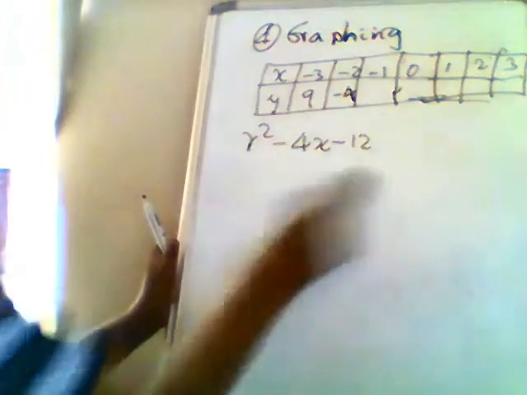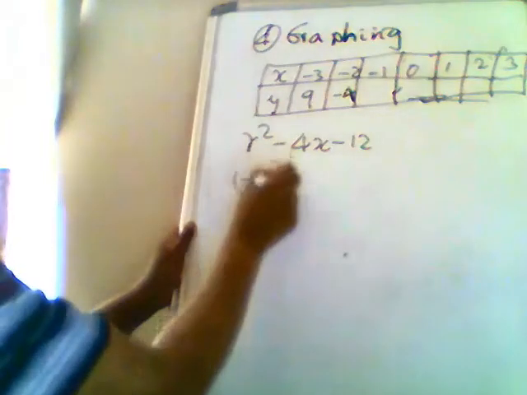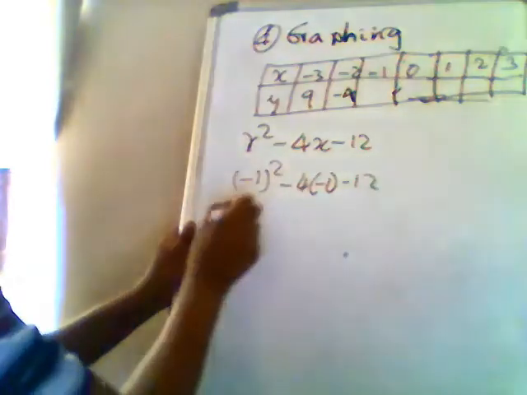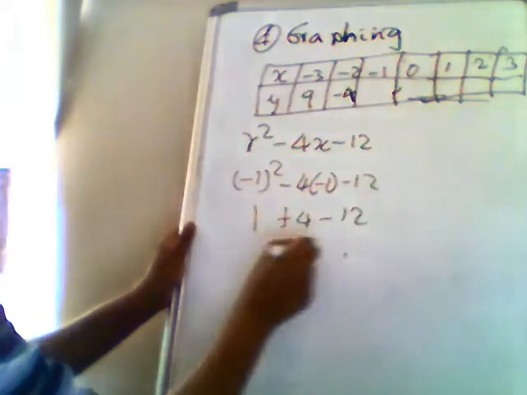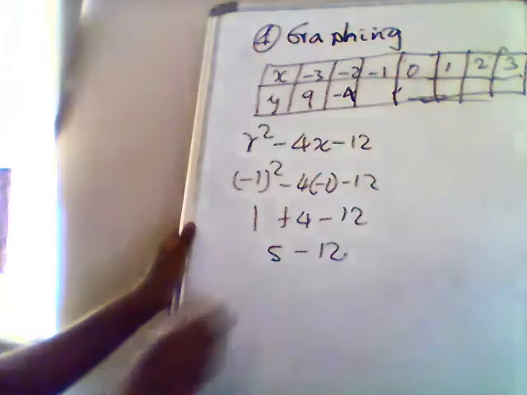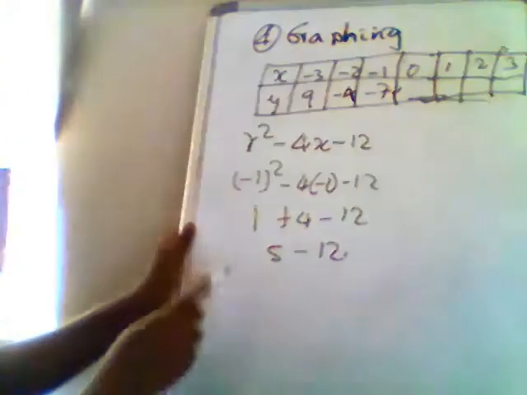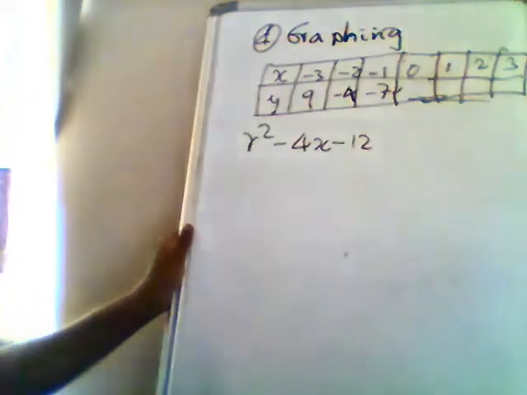Then we have -1, so this is -1 squared, -4 times -1, -12. That gives you 1 plus 4 minus 12, which is -7. So probably we need to double check this, it doesn't look right.